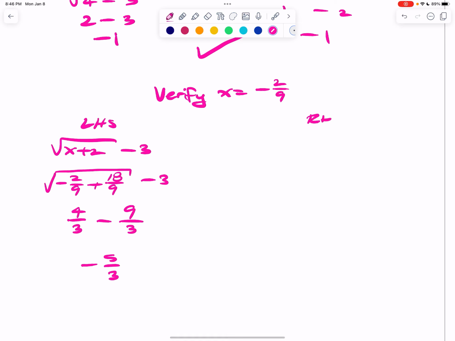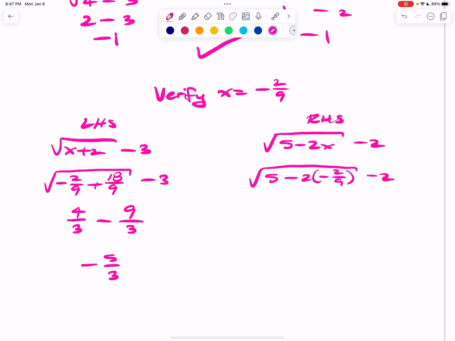Okay. Right side was the root of 5 minus 2x, minus 2. 5 minus 2 times negative 2 over 9, minus 2.